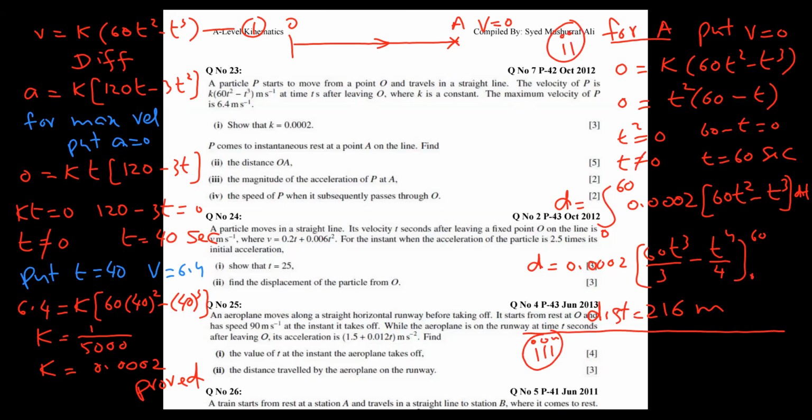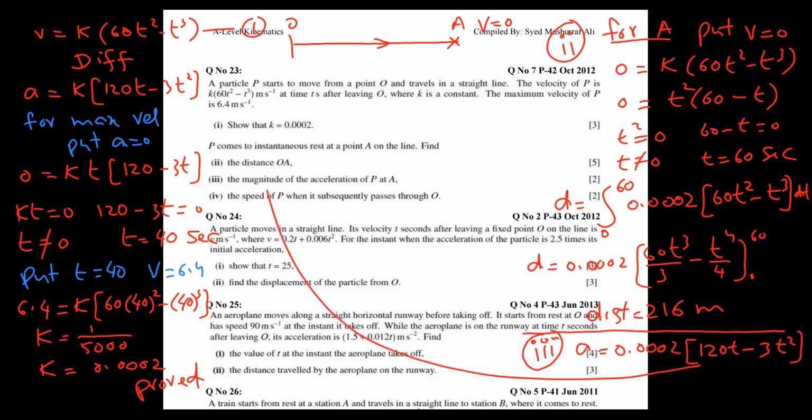In part number 3, we need to find the acceleration, and luckily I have the acceleration expression here. I will plug in a equals 0.0002 times 120t minus 3t to the power 2.